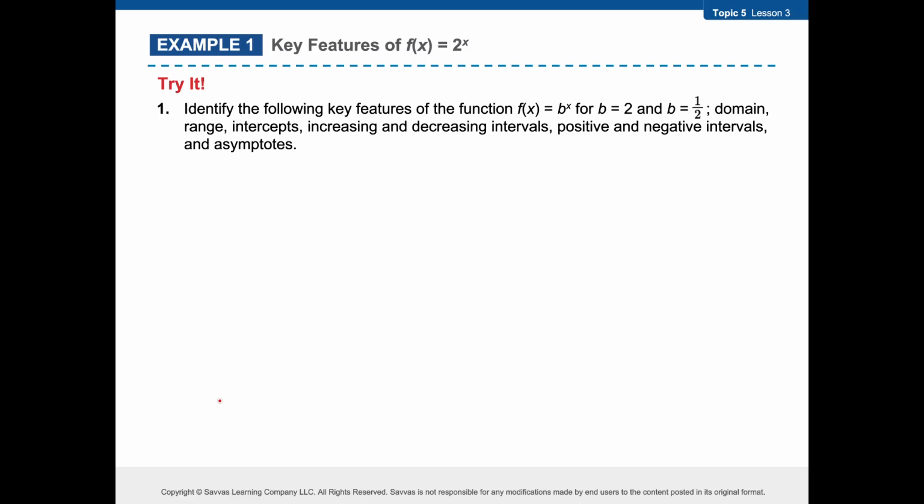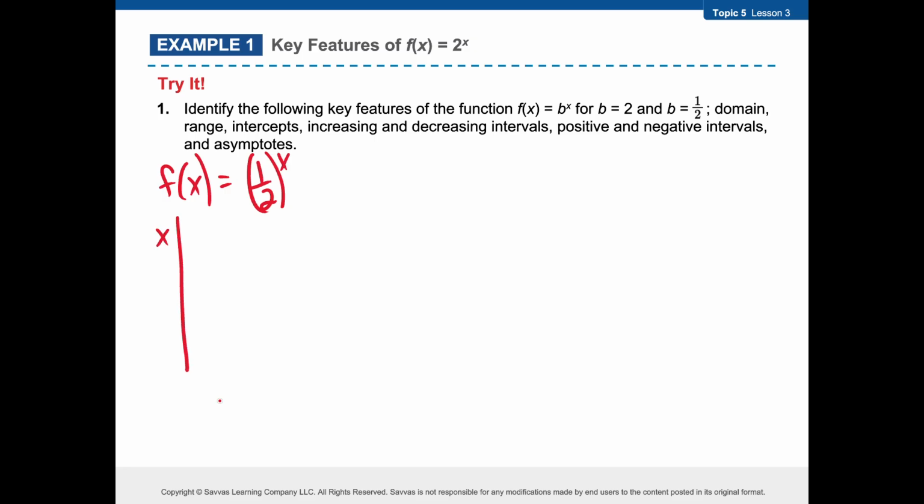So now identify the key features of the function f of x for when b equals 2, which we just did, and when b equals 1/2. So now doing the exact same, 1/2 to the x power.